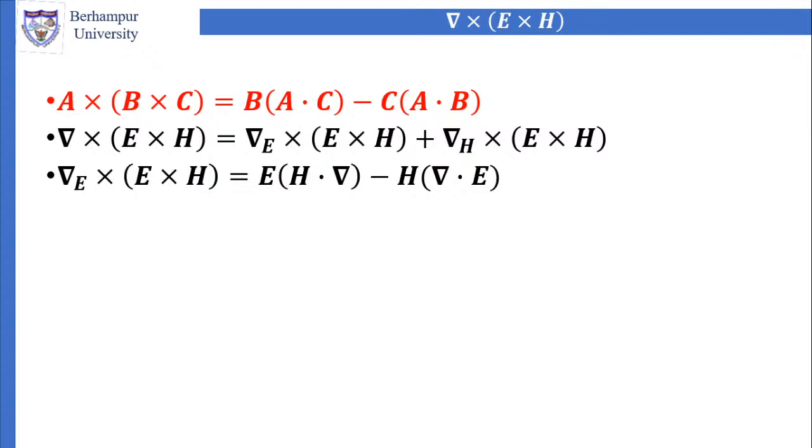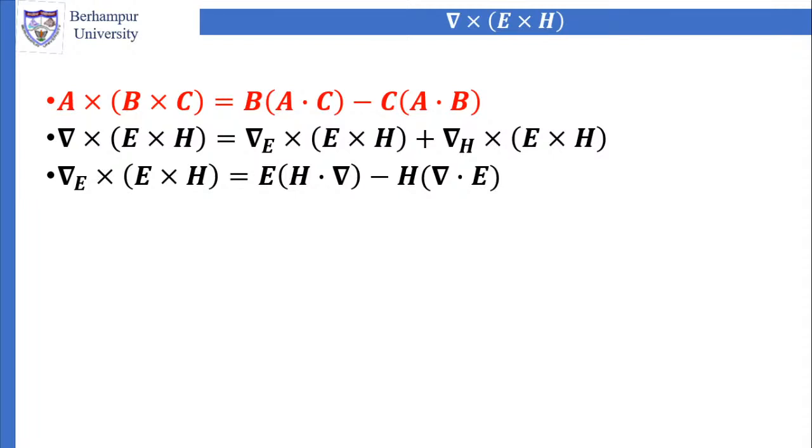So B is outside, so E is outside. Then H dot del. Why H dot del? Why not del dot H? Because del is not operating on H. Del is operating on E. Therefore, H dot del E will come to the right hand side ultimately.